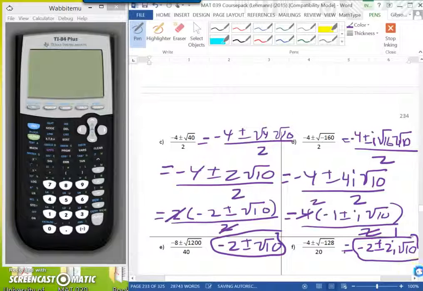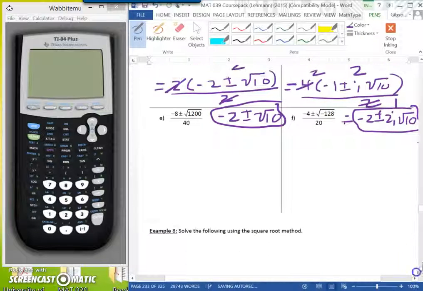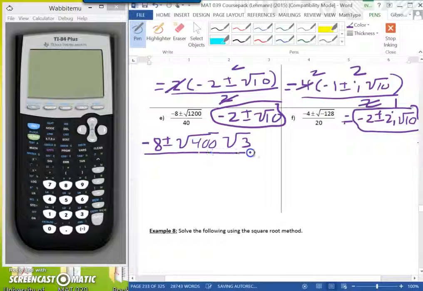Now, we scroll down here to this next problem. Now we have E and F. If you notice, we had negative 8 plus or minus the square root of 1200 over 4. Now, the square root of 1200, we could factor out 400. So we would have the square root of 400 times the square root of 3 all over, that'll be 40.